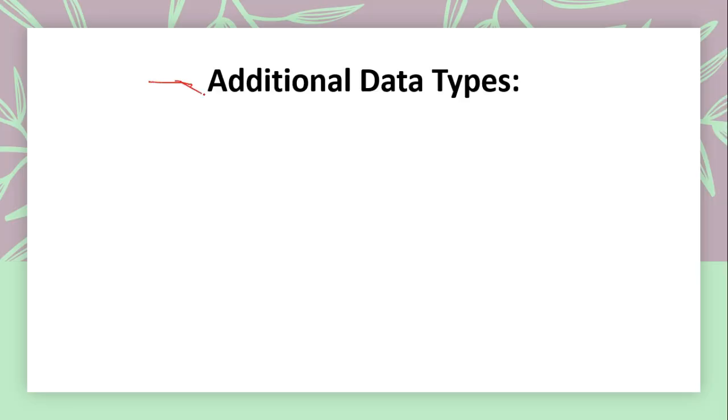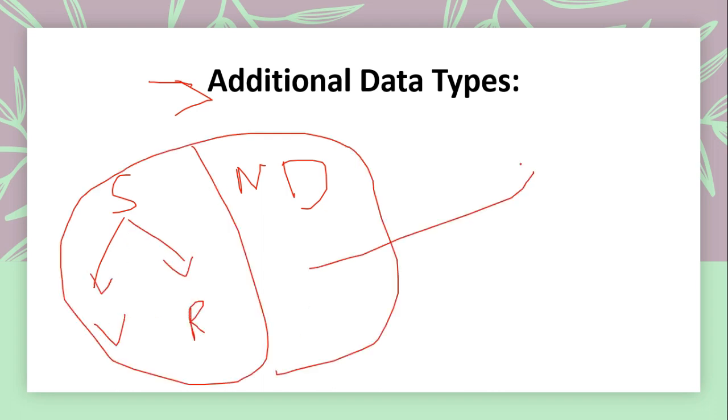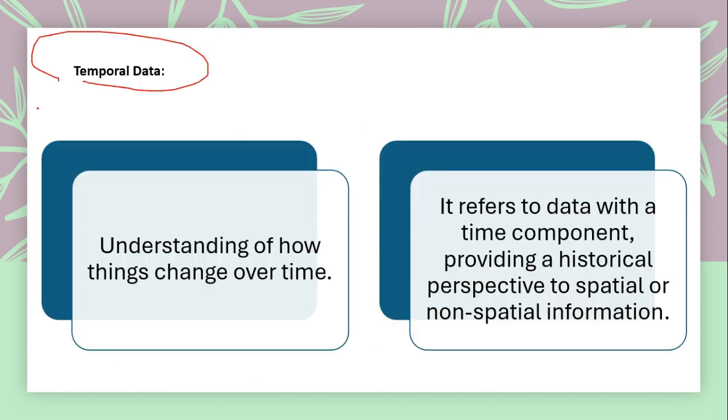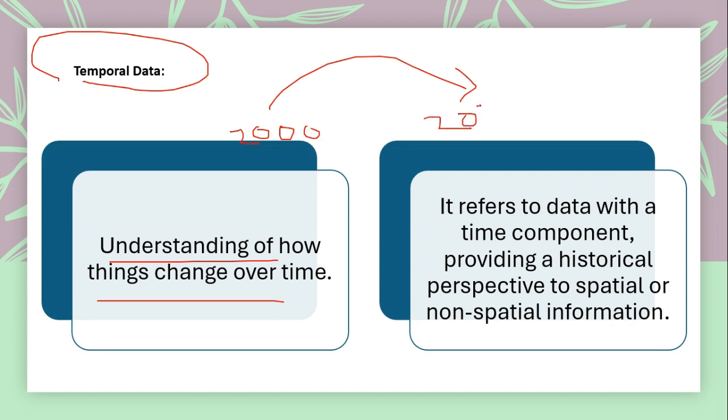And now we will talk about additional data types. We have already learned about spatial data and non-spatial data, and within spatial data we have learned about vector and raster. Beyond this, there are some more data types, like temporal data. Temporal data is about understanding how things change over time, like from 2000 to 2024, how things have changed on the earth's surface.